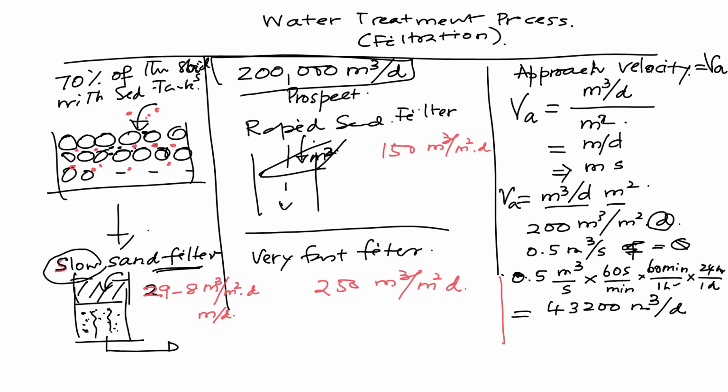Now if you want to make 200 cubic meter per meter squared per day, then you know VA should be equal to Q over the surface area. So therefore surface area is equal to Q over VA. Q is 43,200 divided by 200.